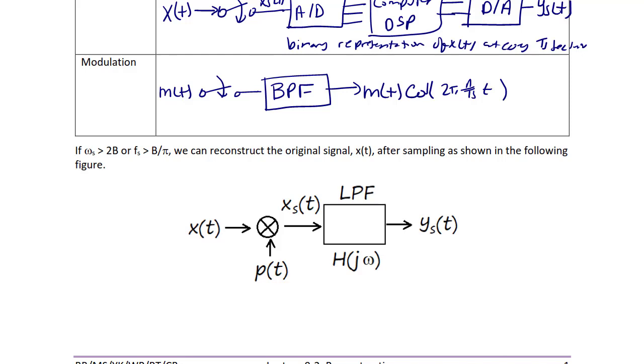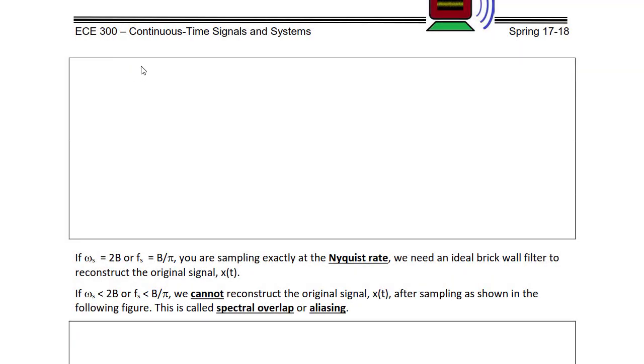So you use the sampled signal using any of the methods we've summarized earlier, and then you send it through a low-pass filter, which would have a frequency response H of j omega, and the output would be ys of t.